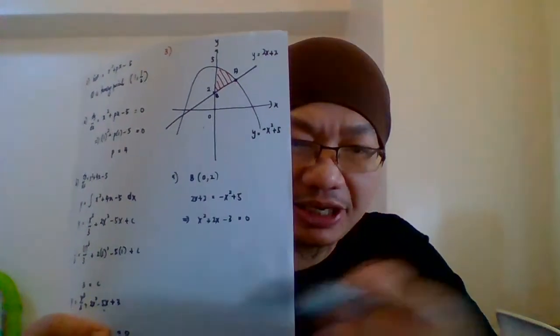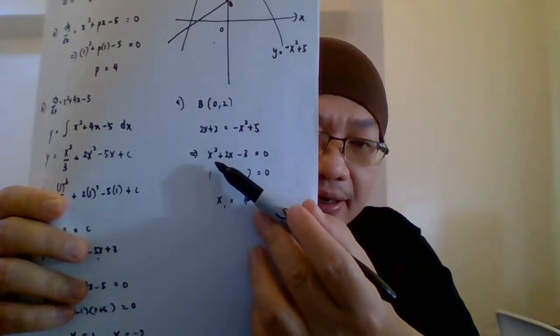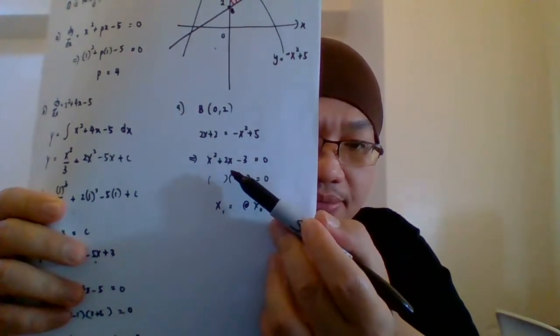Masukkan your A, B, and C in your calculator. Tell me someone. So you are supposed to get two different values there. So x1 berapa? x2 berapa? You need to identify the roots of this quadratic.